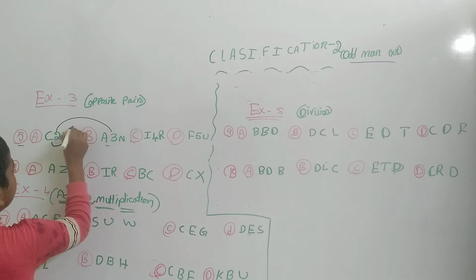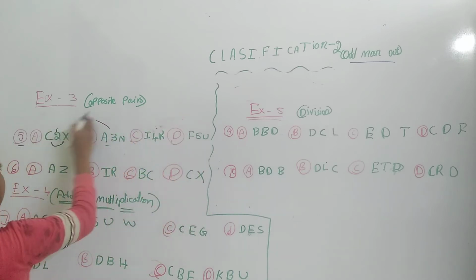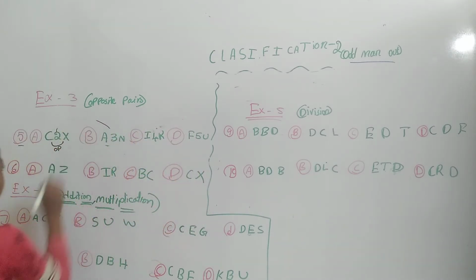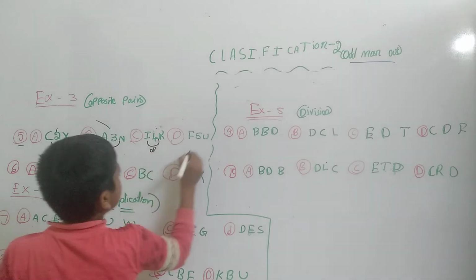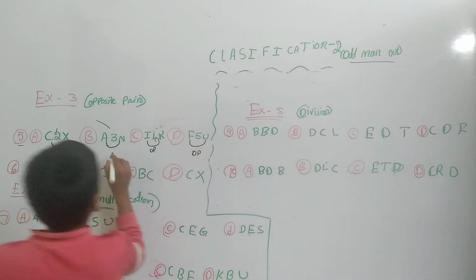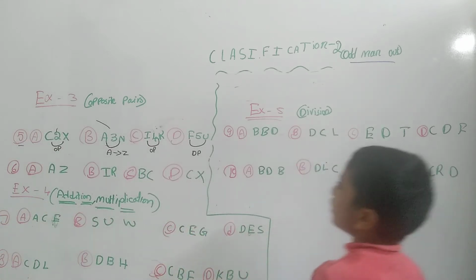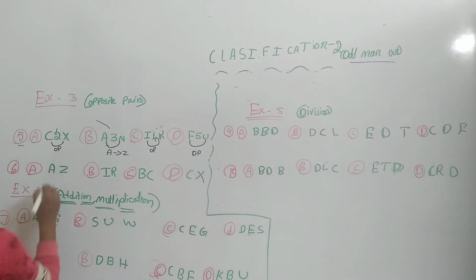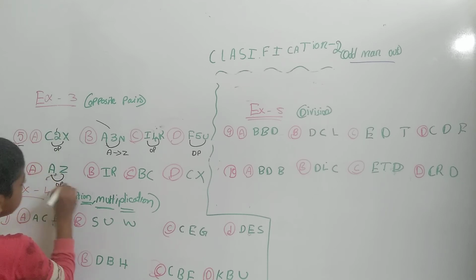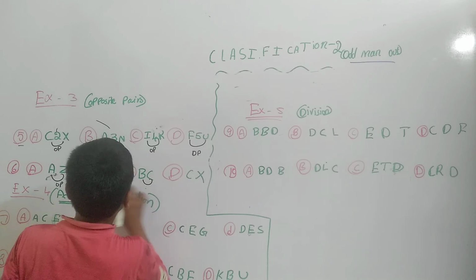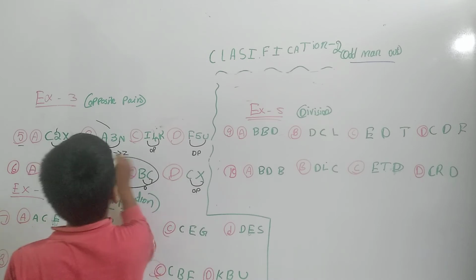Sorry friends, this was not analogy. This is OP, which means opposite pairs. A and C, IR are opposite pairs. FU is an opposite pair. A's opposite pair is Z. This one also is an opposite pair. This is not the opposite pair.